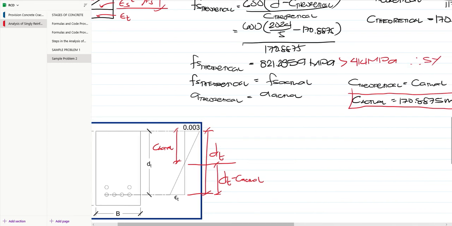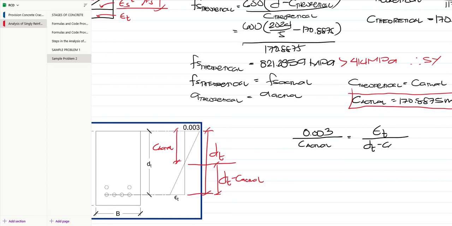So similar triangles lang, we can have 0.003 divided by the C actual is equivalent now to the epsilon sub t divided by dt minus C actual. So, arranging the terms, our epsilon sub t will be equivalent to 0.003 times dt minus C actual divided by our C actual.